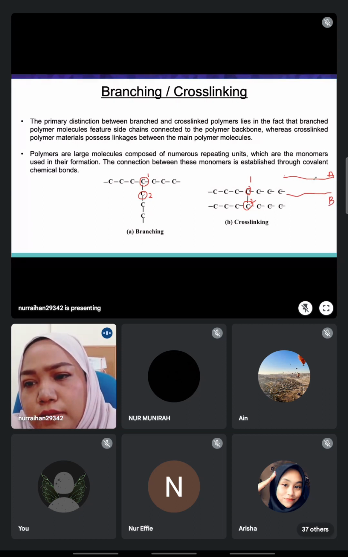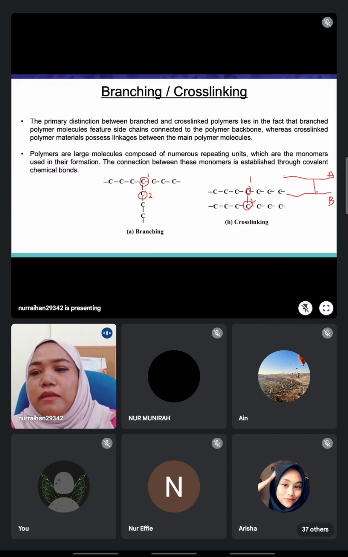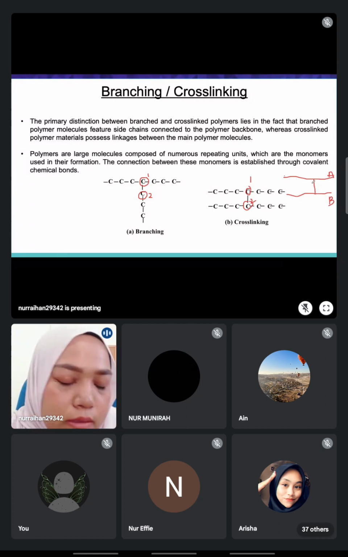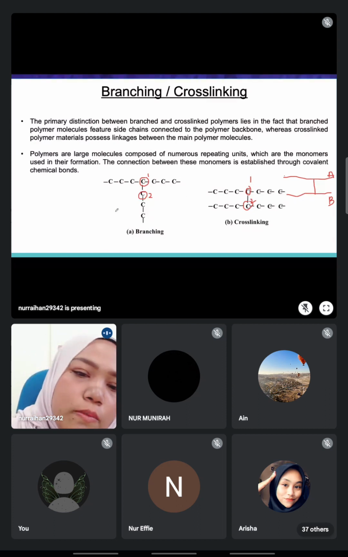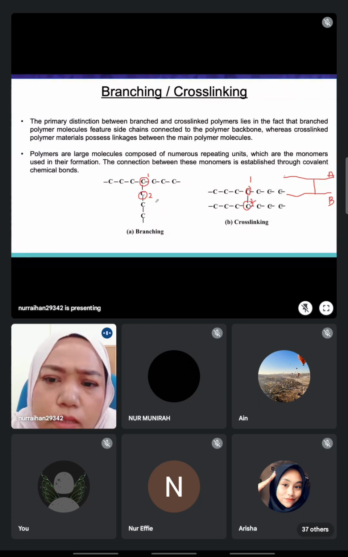So this cross-link agent will attach in between, will link in between A and B. So what happens when they link? They will be cross-linked.